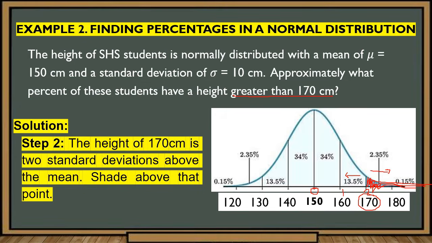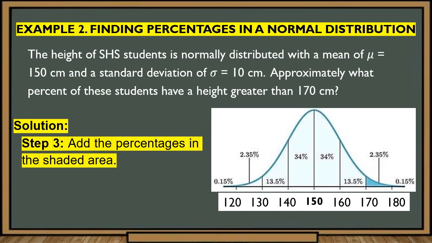So, next, what shall we do after shading the region where we are interested? We are going to add the percentage in that shaded region. So, you already know that this is the mean, 0, and the standard deviation is 1. So, from 2 to 3, the percentage that is covered is 2.35% of the data.